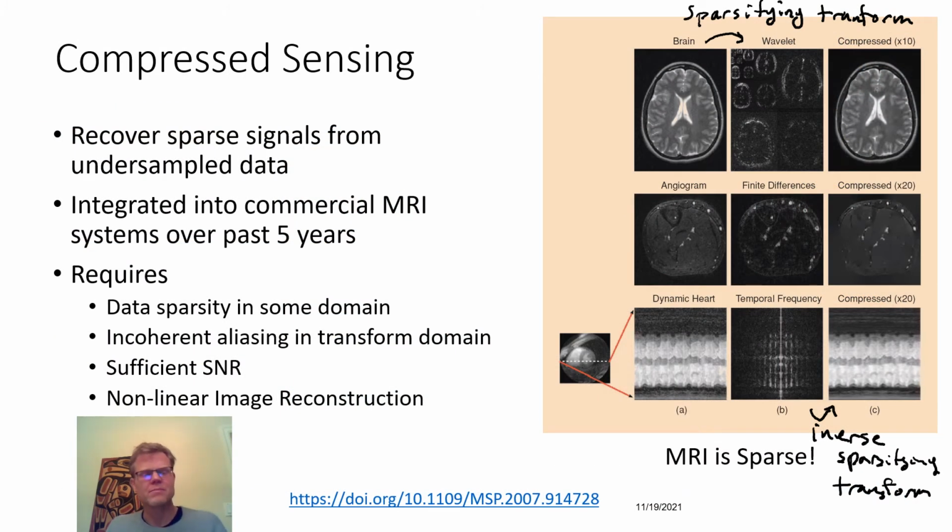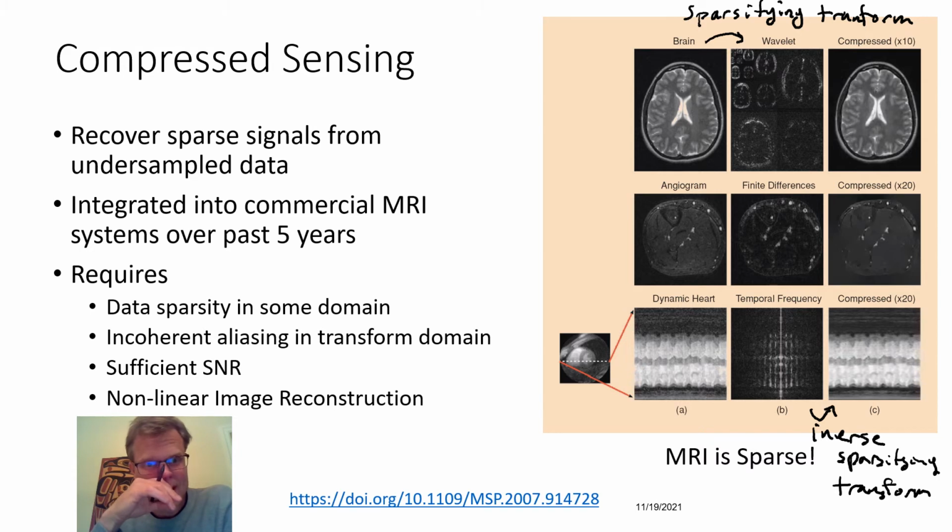Okay, and finally, I want to cover the compressed sensing acceleration technique, which has also now become common on commercial MRI systems for accelerating MRI scans. And the idea here is that there's some sparse way to represent our data or our images. Compressed sensing is not a specific term to MRI.